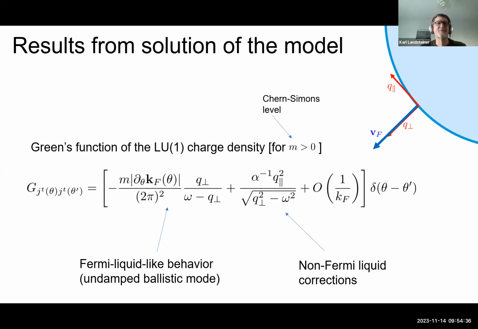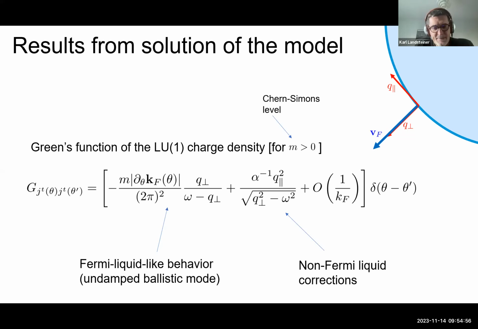Okay, just as a comment. It's interesting to see that this is well-known Fermi surface physics, but it appears here in the way we know from anomalies in magnetic fields.